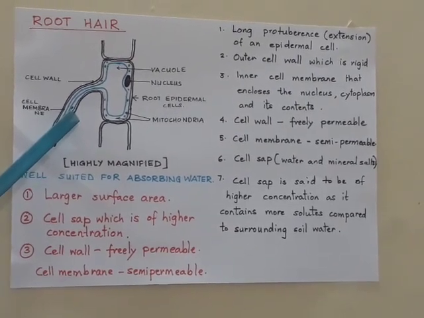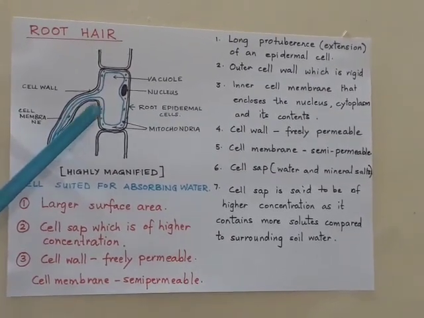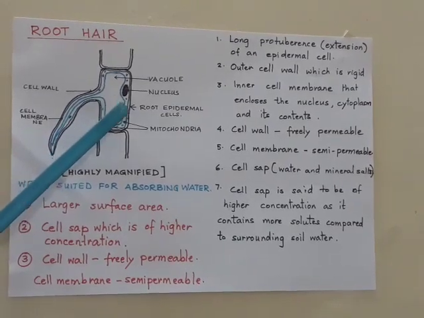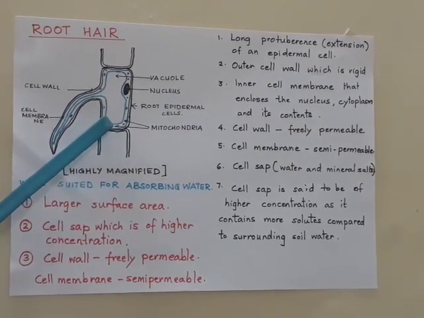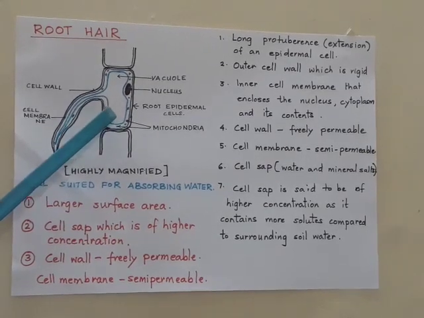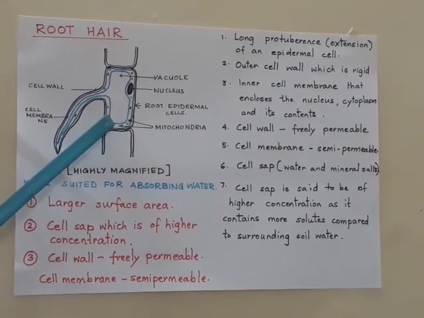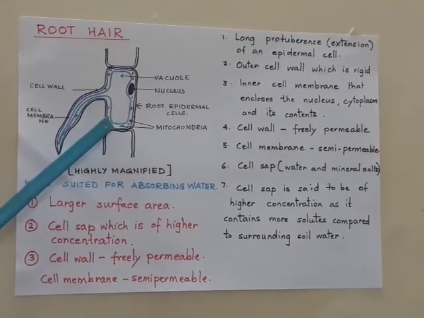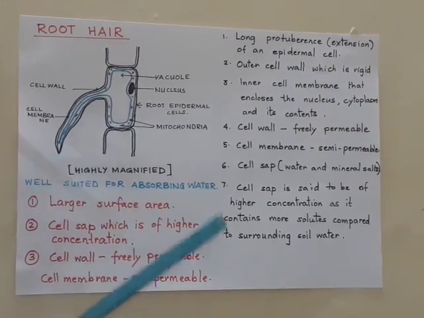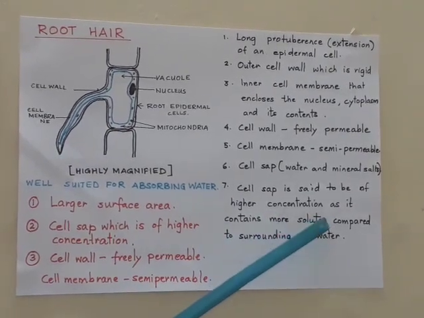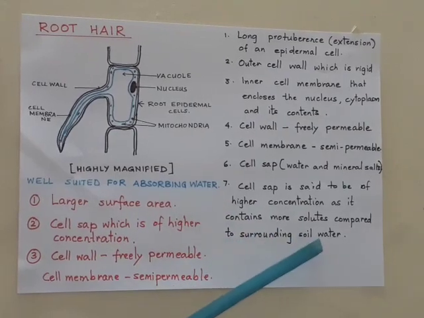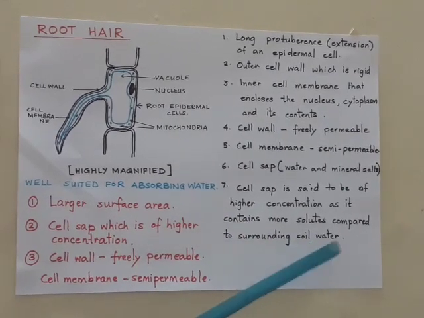Now the cell sap which is present inside the epidermal root cell is of higher concentration. Why higher concentration? Because it contains more solutes compared to the surrounding soil water.